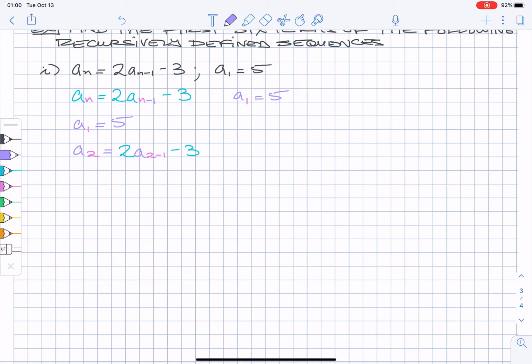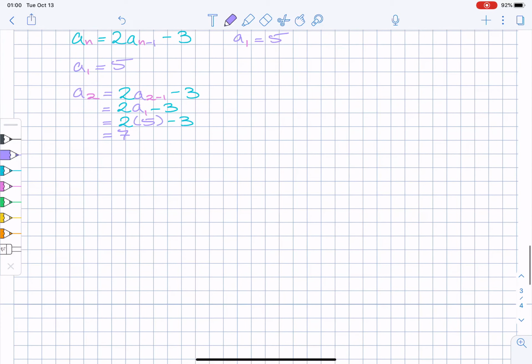So that's 2 times a sub 1, minus 3, which is 2 times 5 minus 3, which is 7.